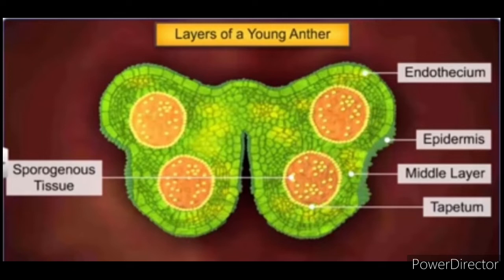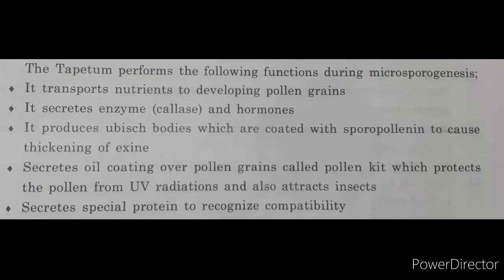That is the important one. The innermost layer of the anther wall, containing cells with rich cytoplasm and nuclei, is called tapetum. Now, what are the functions of tapetum? The tapetum performs its functions during microsporogenesis.